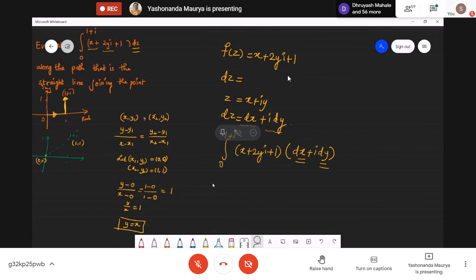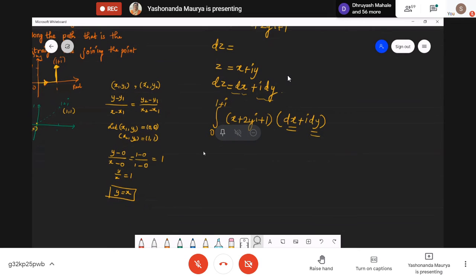So what we have is, along the line y is equal to x, what will be dy? It will be same as dx. Is this clear? Therefore, what will be the expression for dz?